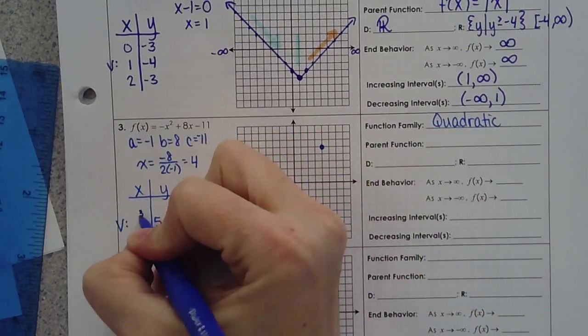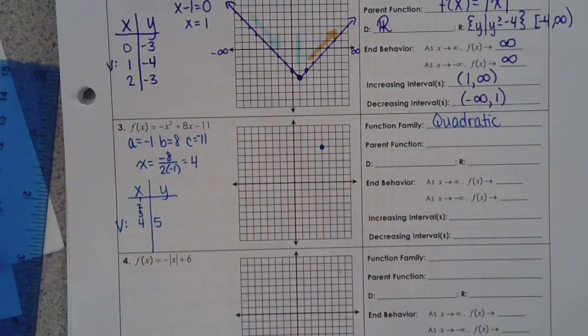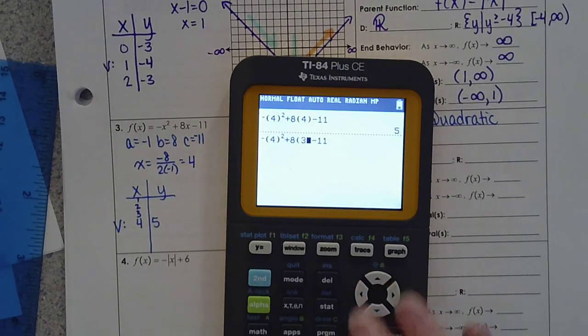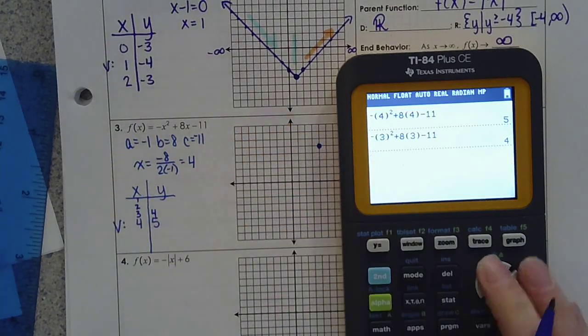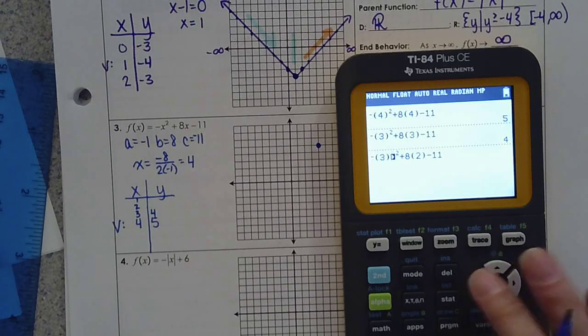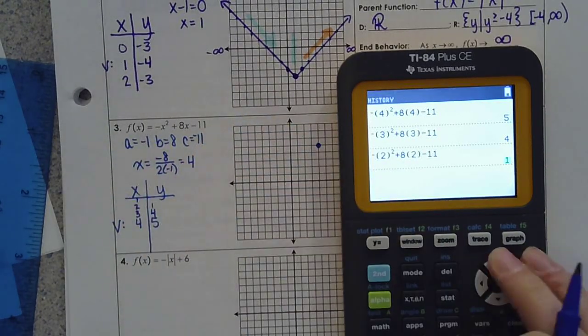So we're going to do 3 and 2 and 1. And so just using this same equation here, we're going to put in 3 and 2 and 1.